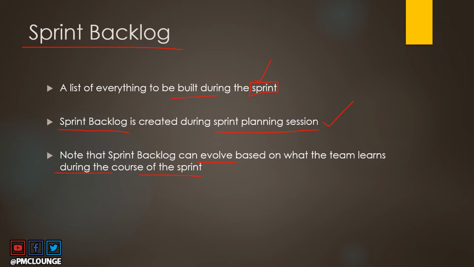So a lot of people tend to think that once a sprint backlog is finalized, once items from the product backlog come into the sprint backlog, we have to deliver these items in this sprint, but that's not mandatory. The sprint backlog can also evolve, it can also change based on whatever the team learns during the course of the sprint itself.